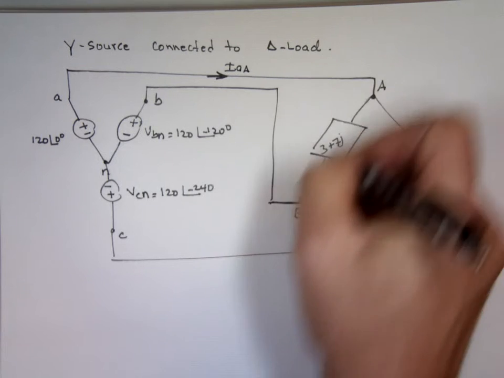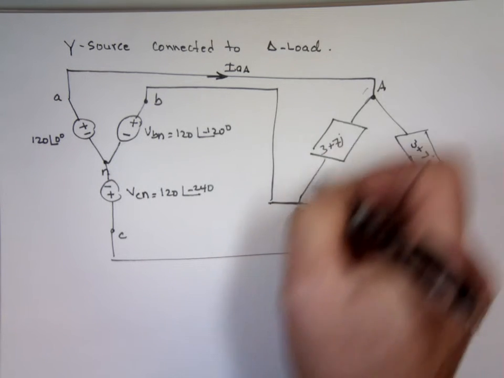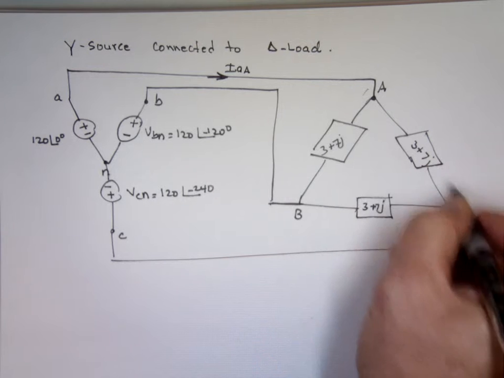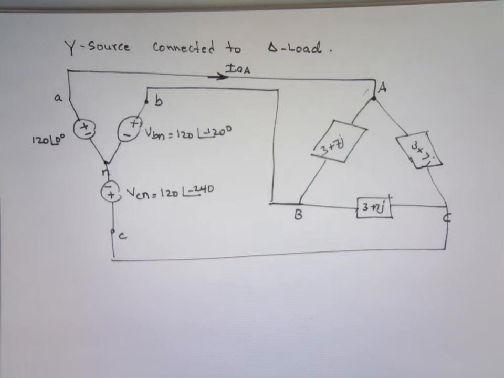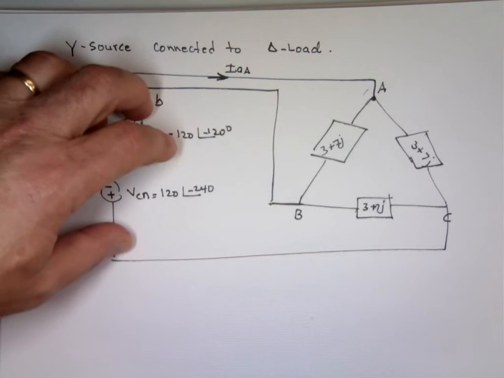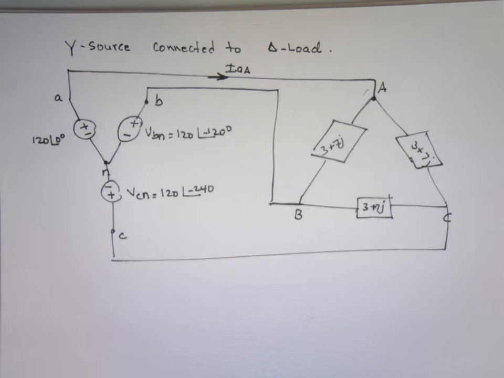It's not the current going through this one. It's going to come down and split. So that makes the math not really fun to do, because you don't know what current is going through it. I can do one of two things. I can either convert this to a delta source or convert this to a Y load.